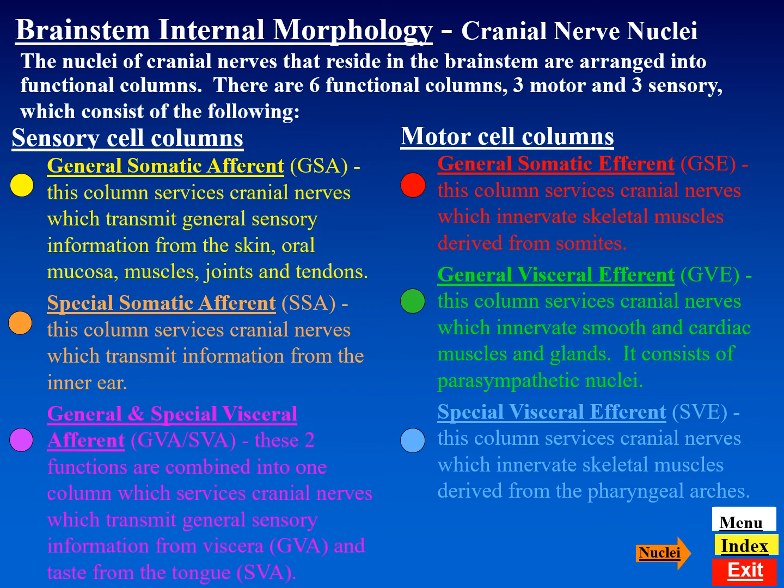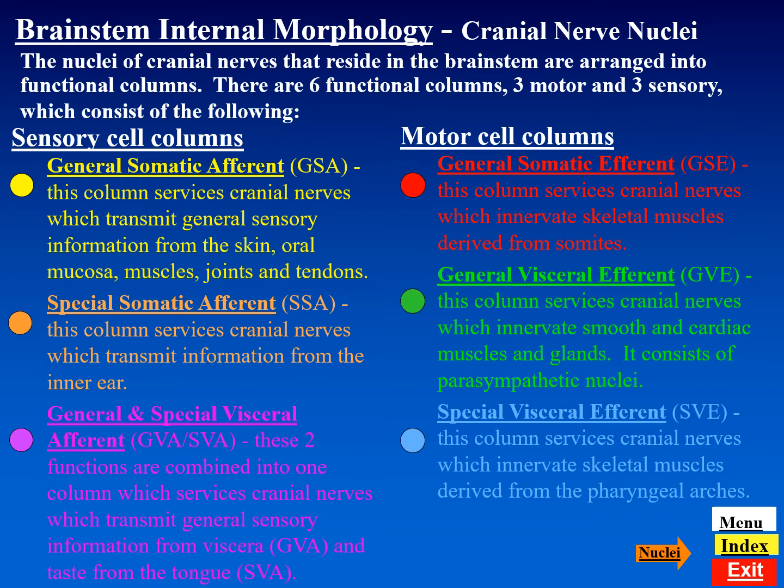The general somatic efferent nuclear column has motor neurons that innervate skeletal muscles derived from somites, while the special visceral efferent cell column has motor neurons that innervate skeletal muscles derived from the pharyngeal arches.